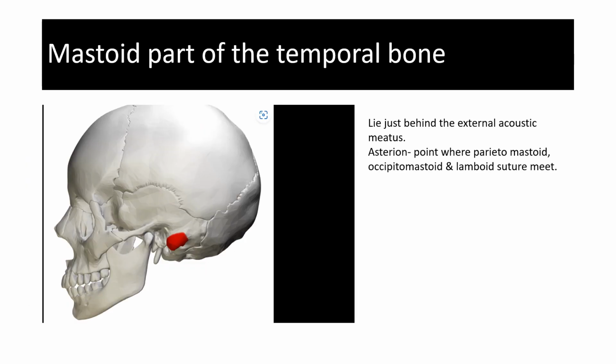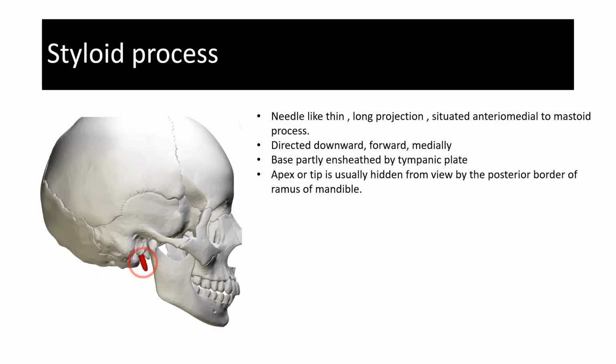Next is the mastoid part of the temporal bone. The mastoid part of the temporal bone lies behind the external acoustic meatus, and there is a term, asterion, that is a point where the parieto-mastoid, occipito-mastoid, and lambdoid sutures meet. Next is the styloid process.